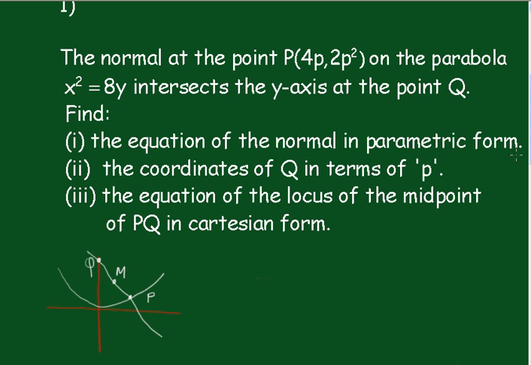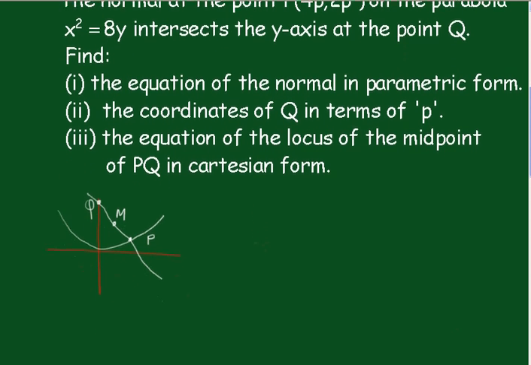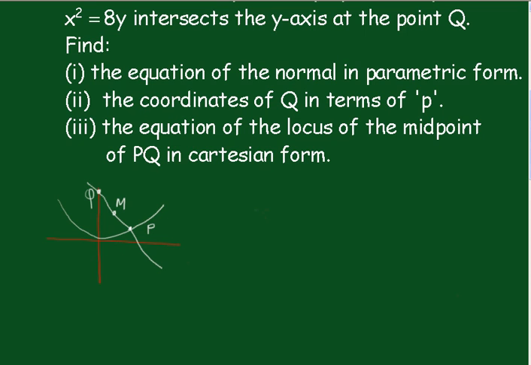Alright, so let's get the equation of the normal going first. Now we know that x is equal to 4p, and we know that y equals 2p squared. So differentiating that with respect to p, we get dx/dp is equal to 4, and dy/dp equals 4p.